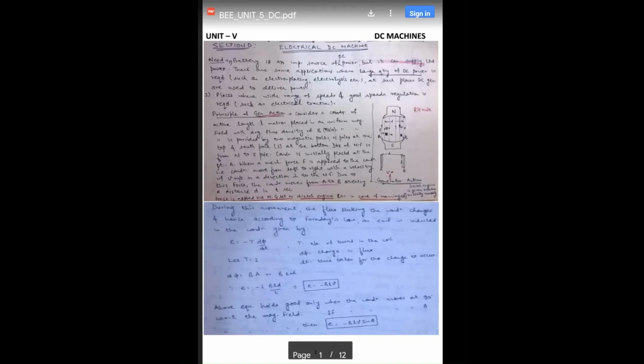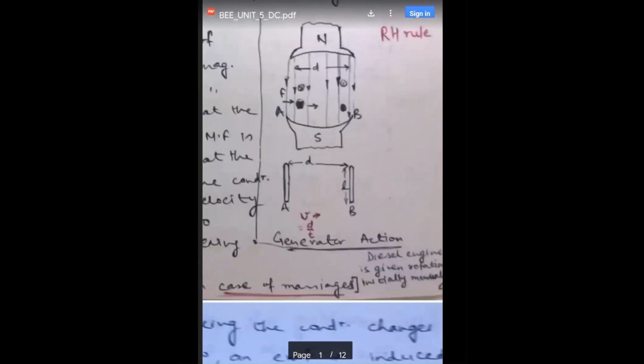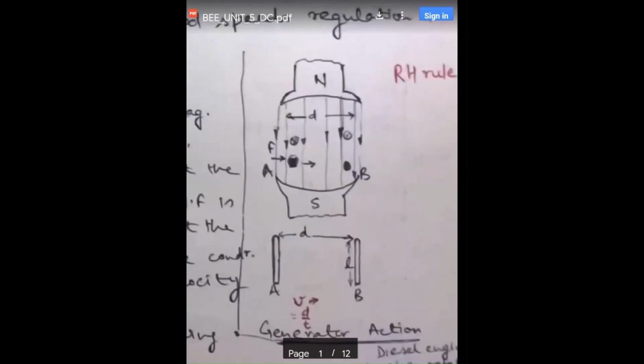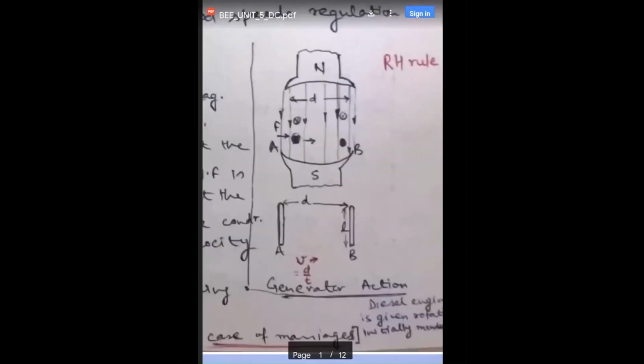So now suppose that this is the diagram of the DC generator. It has a north pole and south pole, constituting a magnetic field.